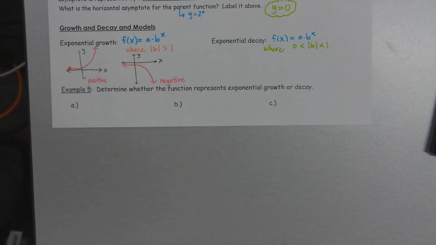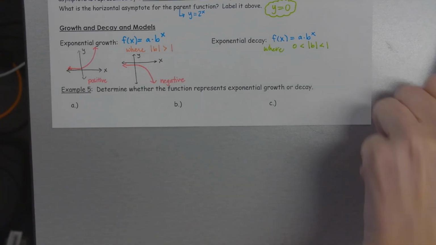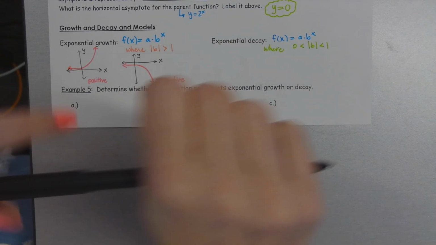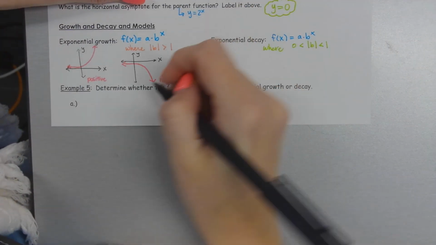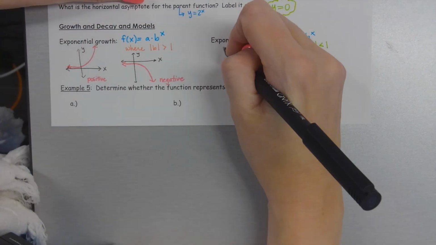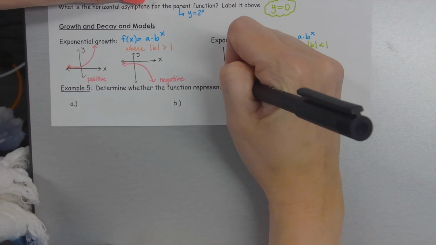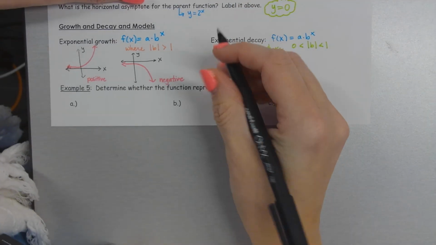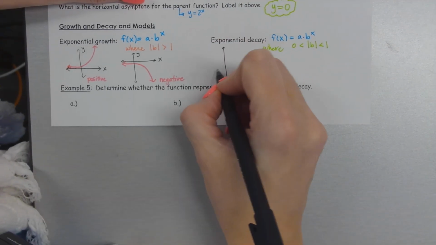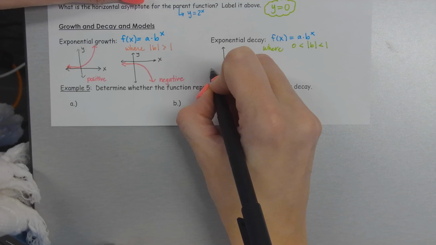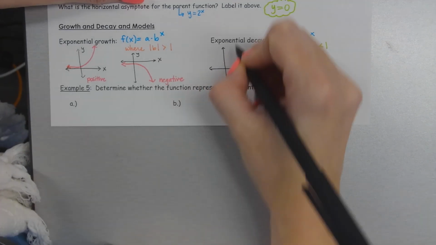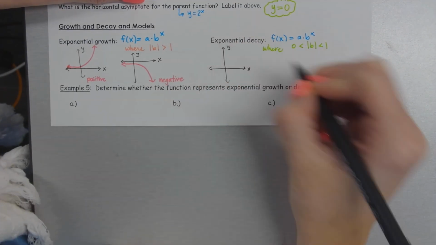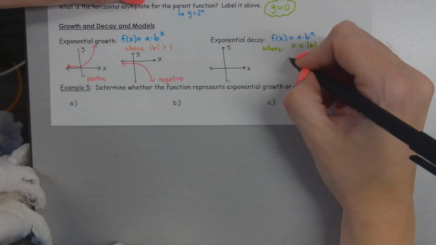Okay, so if this happens, then instead of approaching infinity or negative infinity, you're going to be approaching the axis. Okay, so we're going to do 2 examples of that as well.